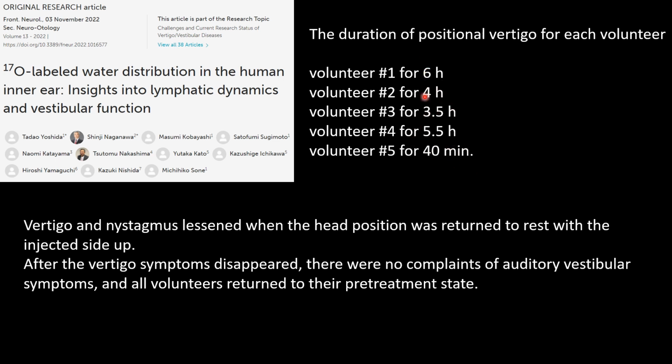This seems to correspond to the degree of the O17 water permeation. And vertigo and nystagmus lessened when the head position was returned to the rest with the injected side up. After the vertigo symptoms disappeared, there are no complaints of auditory vestibular symptoms, and all volunteers returned to their pre-treatment state.